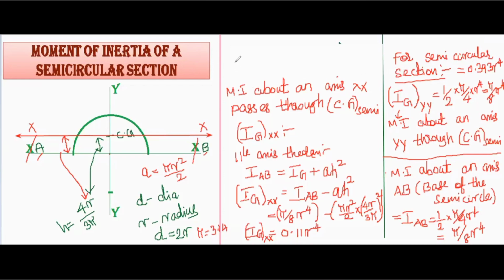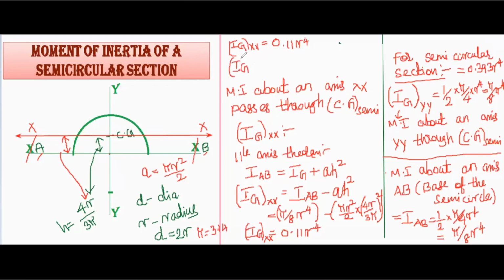So finally we can write IG XX, that is the moment of inertia about an axis XX that passes through the center of gravity of the semicircular section, that will be 0.11 r power 4.